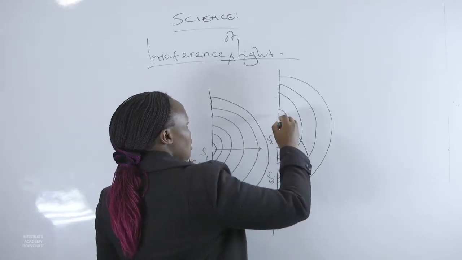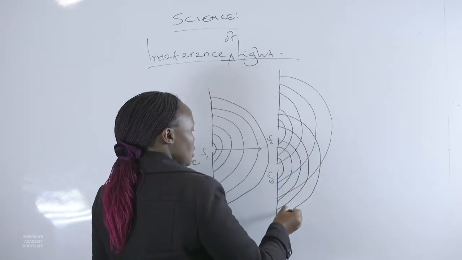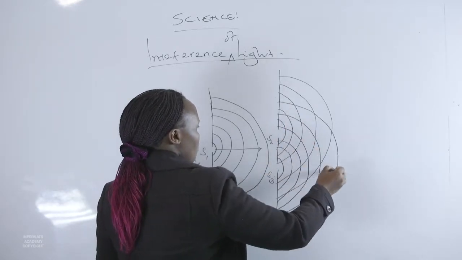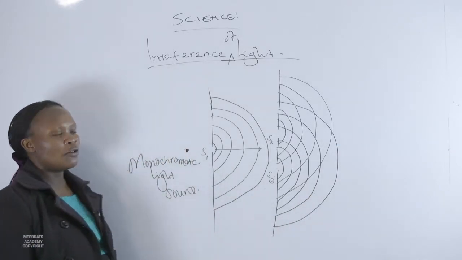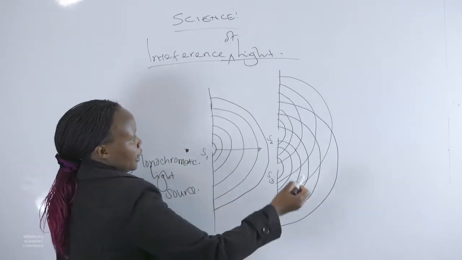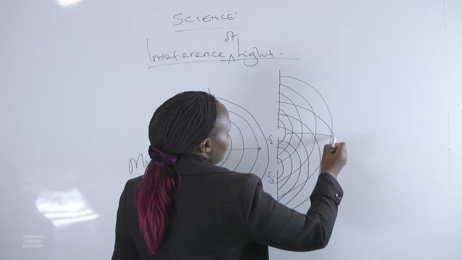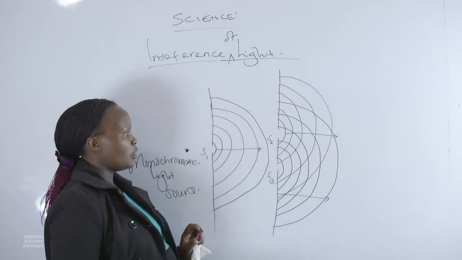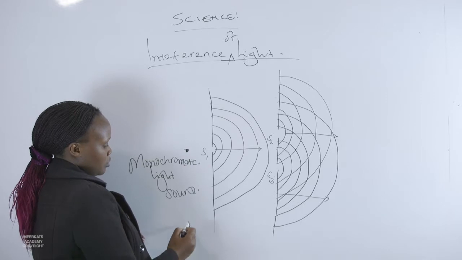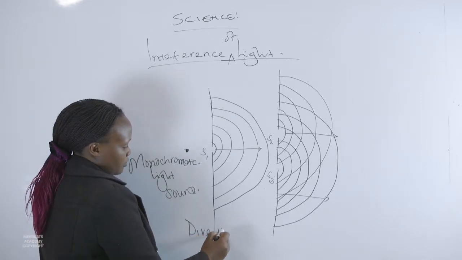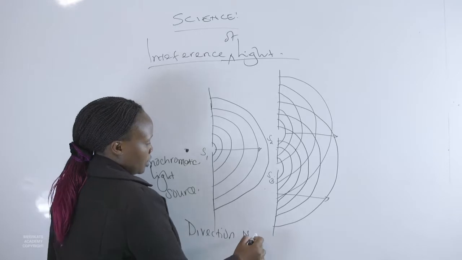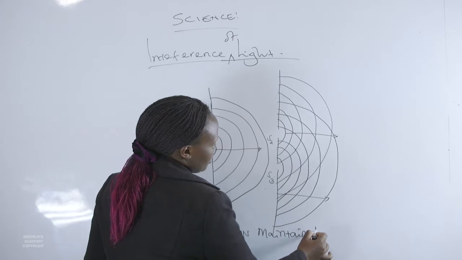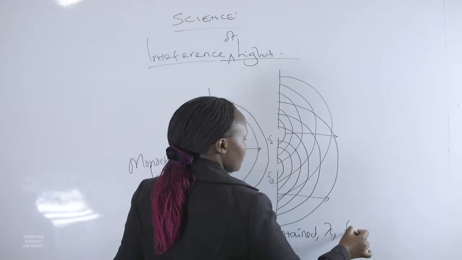Again, we are going to maintain the other characteristics of the waves. Now, again, the new wavefronts are also moving in the direction of the first wave, so that now direction is maintained, as well as wavelength and frequency.